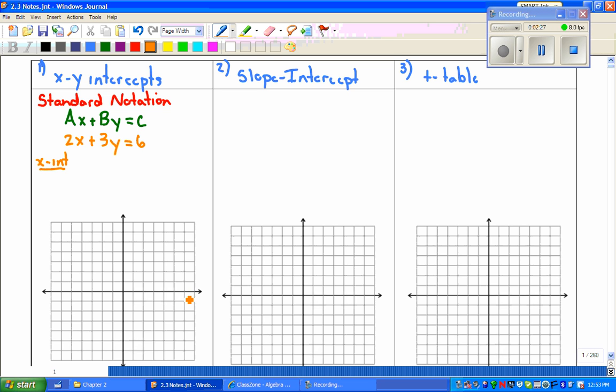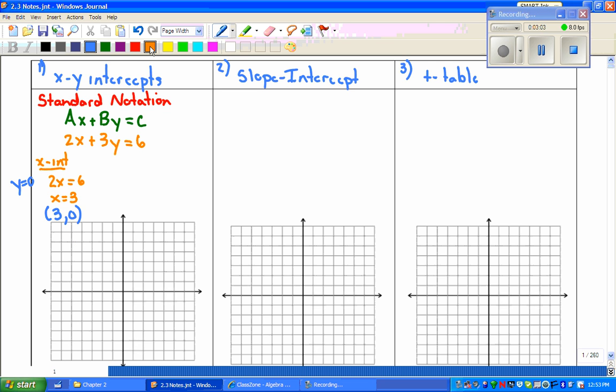So what we know is at this point right here, wherever it crosses, my y value at this point is always going to equal 0. All right? So what I like to do when I'm finding the x-intercept is just get rid of my y's, because I know if I substitute 0 there, that's going to be 0. And all I'm going to do is work with my x's. You ready? 2x, get rid of the y, equals 6, x equals 3. So from that, you can make your ordered pair of 3, comma, your y is going to be 0.